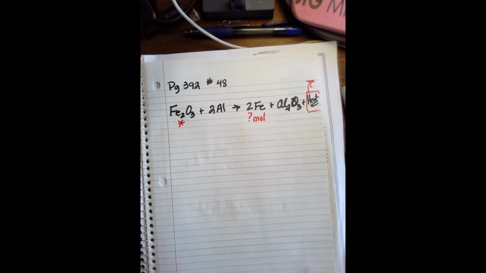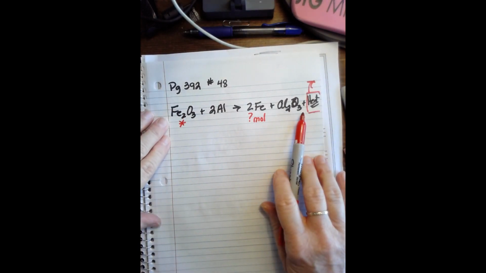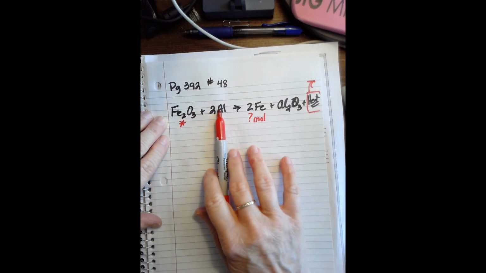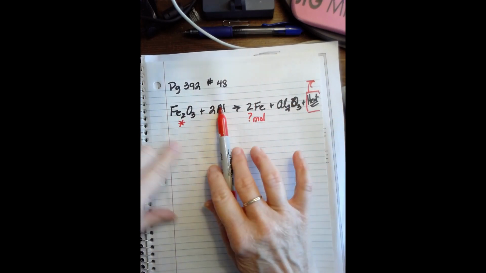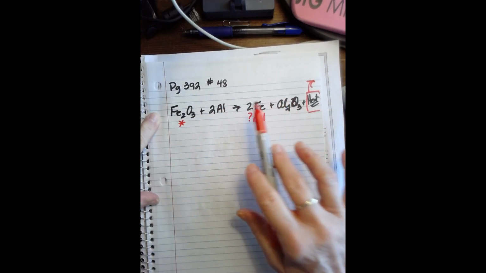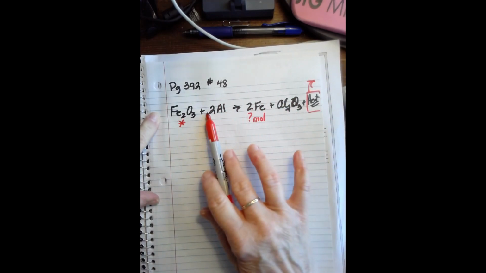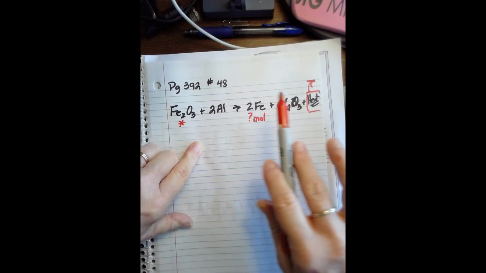Well, mole ratios, remember, we could write every mole ratio, and there would be 12 of them. 1 mole to 2 moles, 1 mole to 2 moles, 1 mole to 1 mole, 2 moles to 1 mole, 2 moles to 2 moles, and so on.